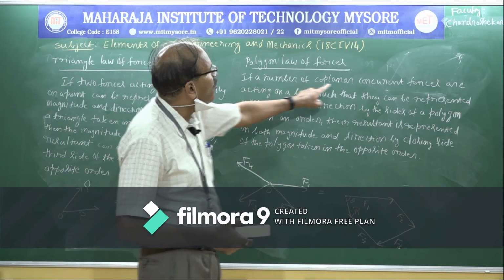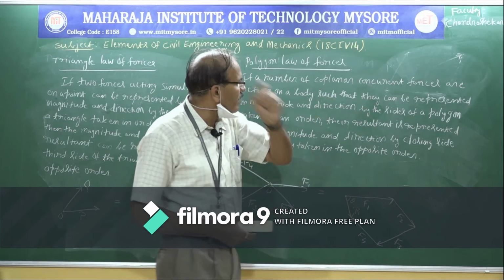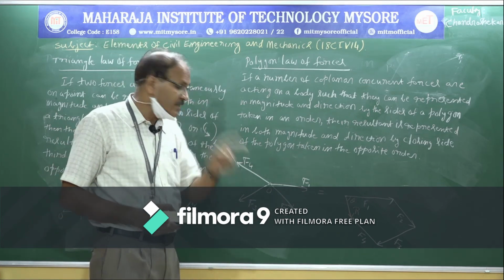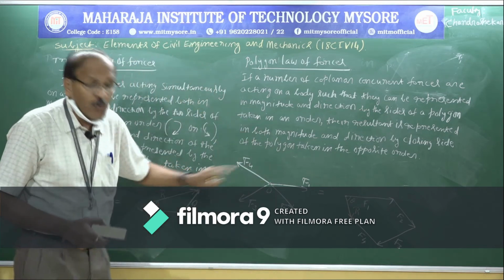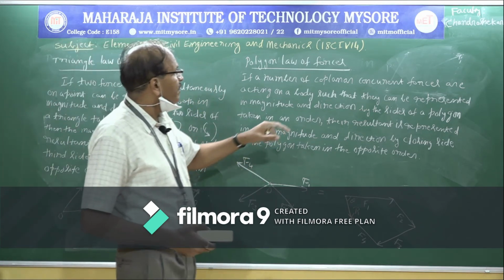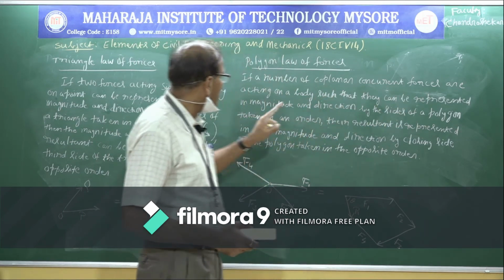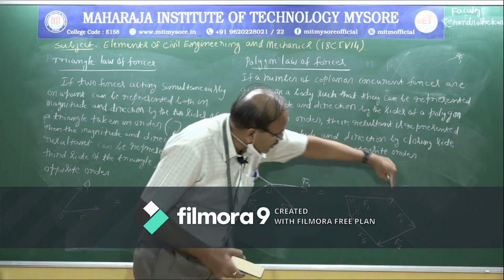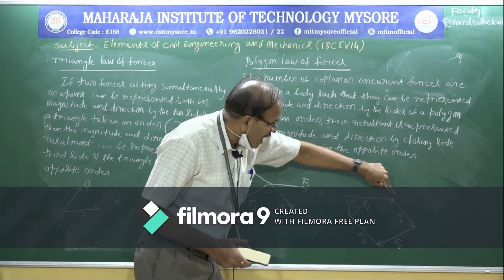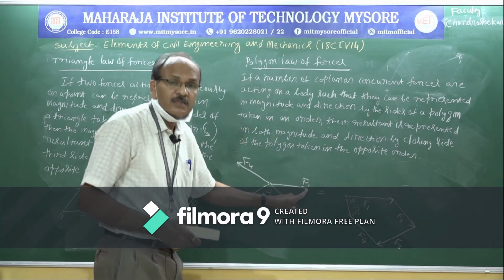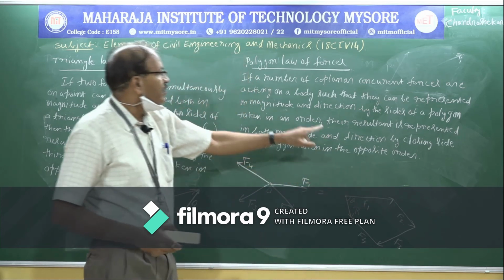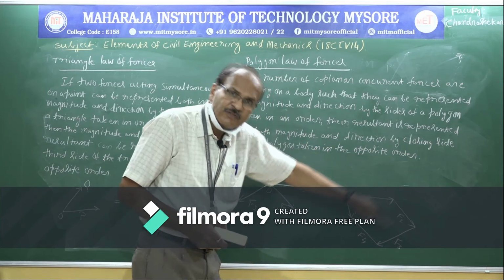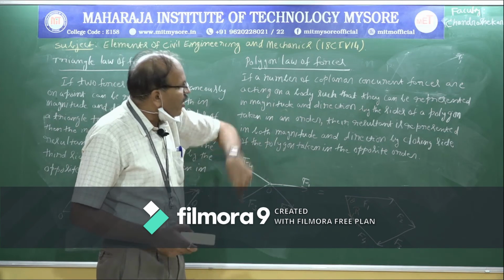It says, if a number of coplanar concurrent forces are acting on a body, that is point O is the body, such that they can be represented in magnitude and direction, that is the length of the arrow, and direction, that is same as the force direction, by the sides of a polygon. Yes, this is a polygon.